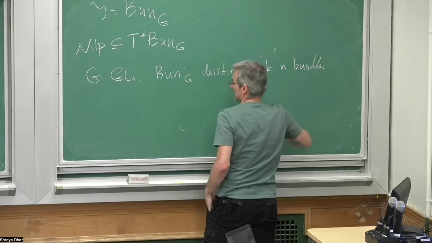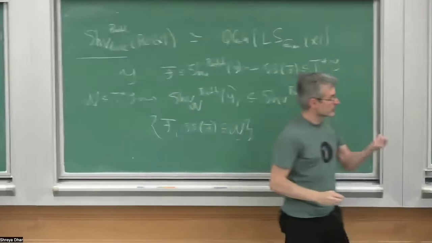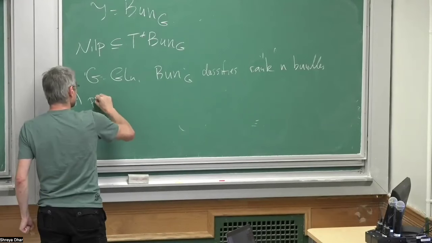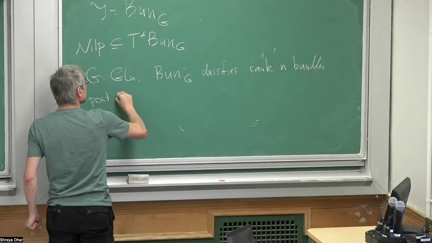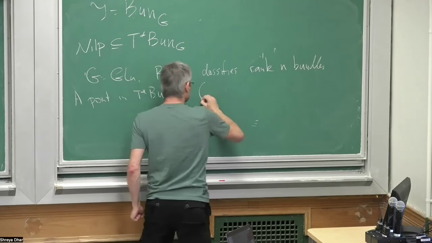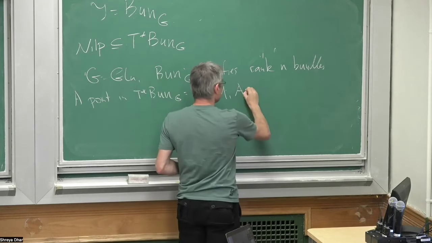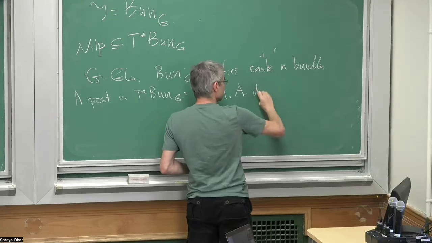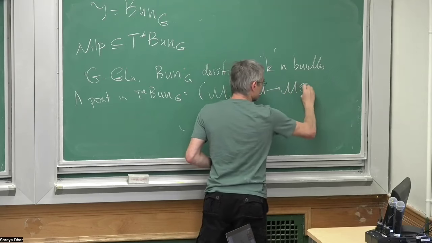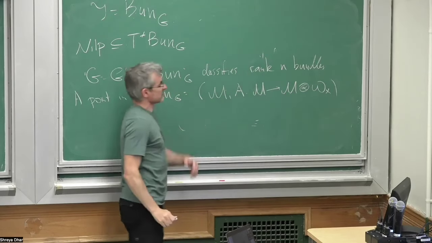Now you can compute the cotangent spaces using deformation theory, and what you'll see is that a point in T* Bun_G is a pair: a rank n bundle and what's called a Higgs field A. It's a map from your bundle to the bundle twisted by the canonical sheaf.